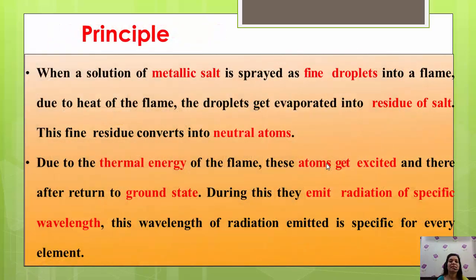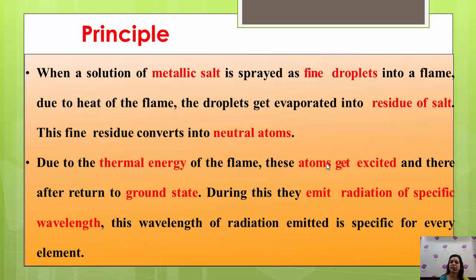So the basic principle of flame photometry we can write as follows: when a salt solution is spread as fine droplets into a flame, due to the heat of the flame, the droplets get evaporated, leaving behind a residue of the salt. This fine residue converts into neutral atoms. Due to the thermal energy of the flame, these atoms get excited and then return to the ground state.